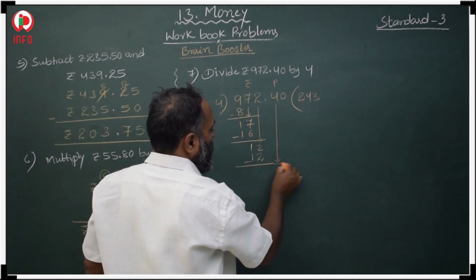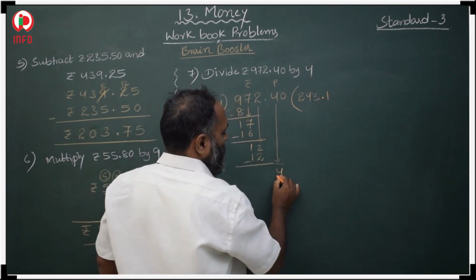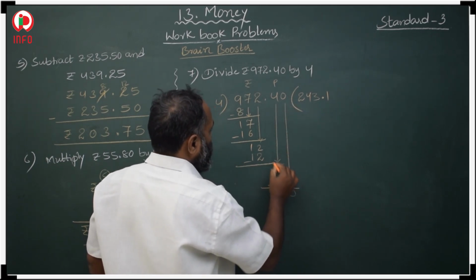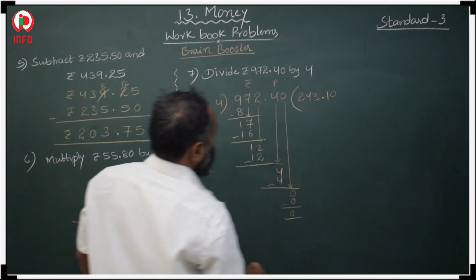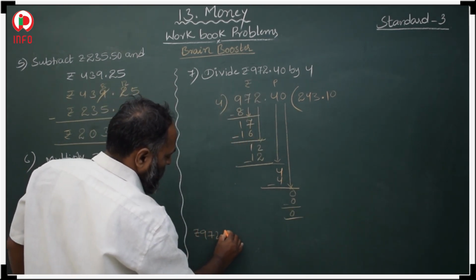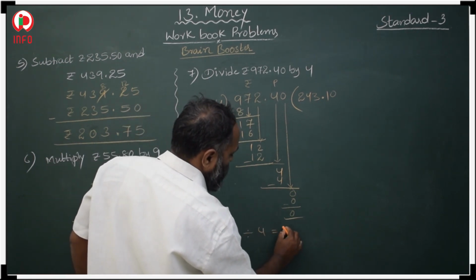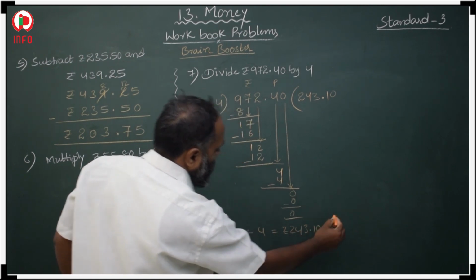Then after that copy the decimal. The decimal 4. 4 ones are 4. 4 minus 4 is 0, copy the next. 4 zeros are 0. The answer, when you divide 972 rupees 40 paisa by 4, is 243 rupees 10 paisa. Okay.